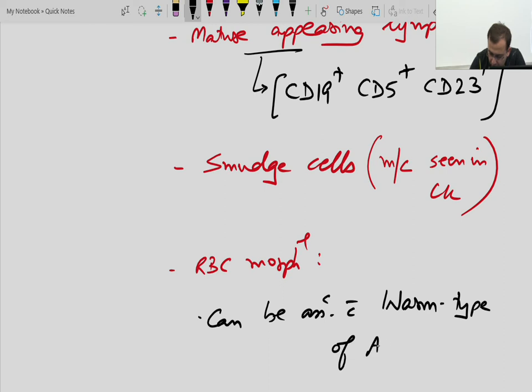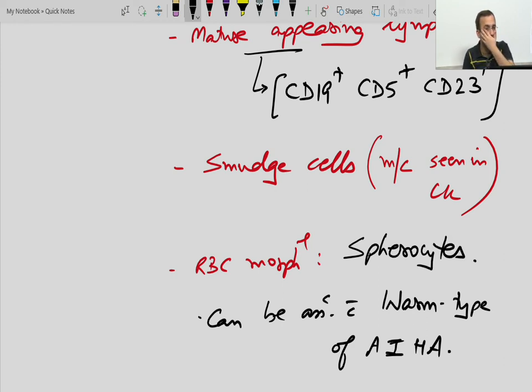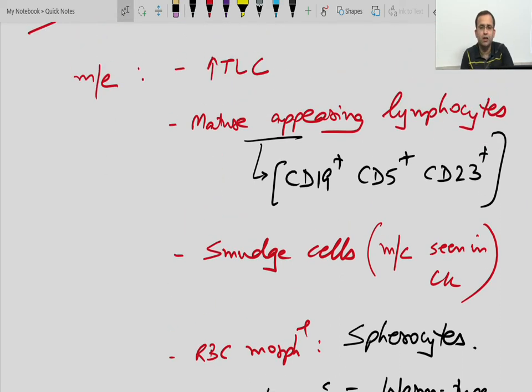It can be associated with warm type of autoimmune hemolytic anemia. So AIHA is associated with the presence of which RBCs? Spherocytes. It is associated with the presence of spherocytes. This is CLL, chronic lymphocytic leukemia.